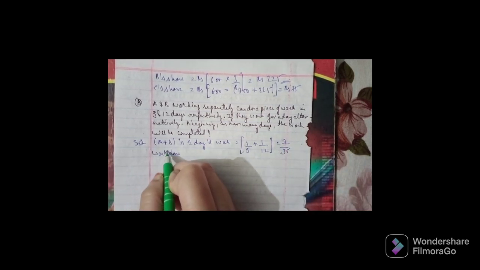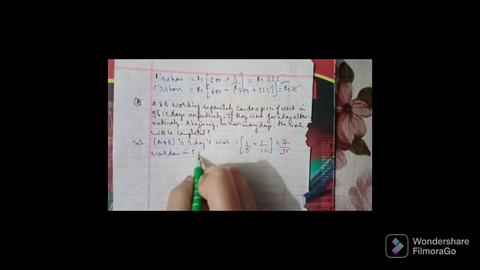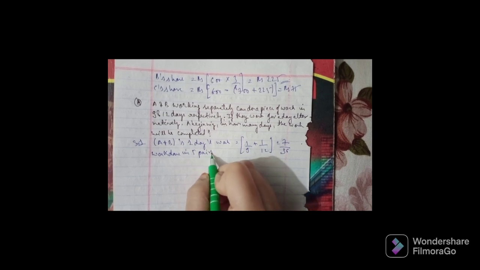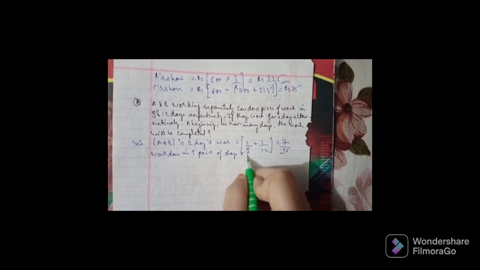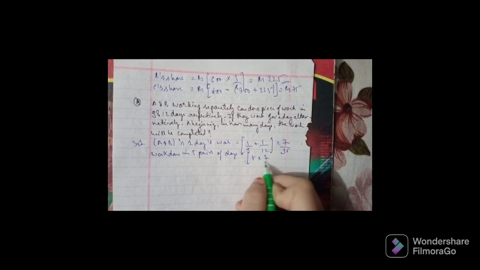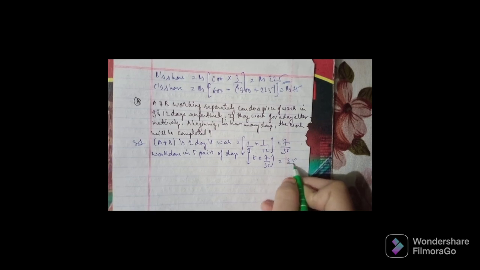Work done in 5 pairs of days equals to 5 into 7/36, which is equals to 35/36.